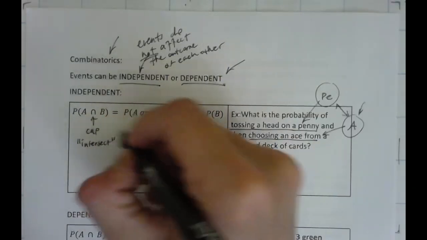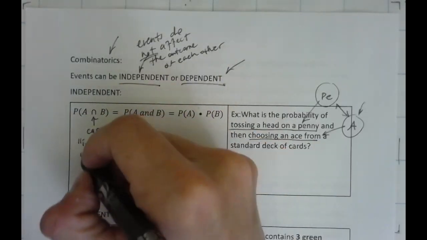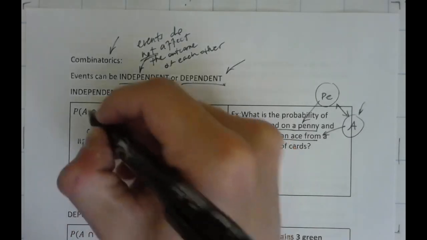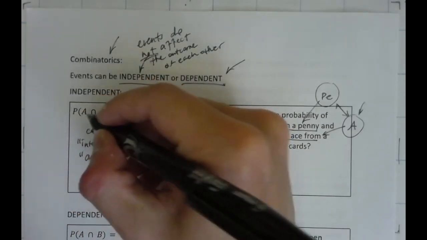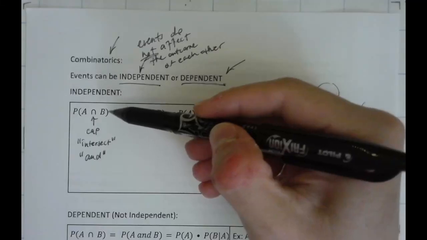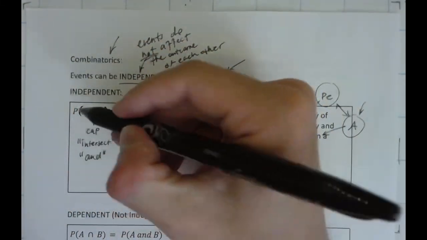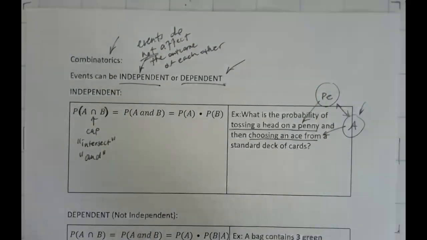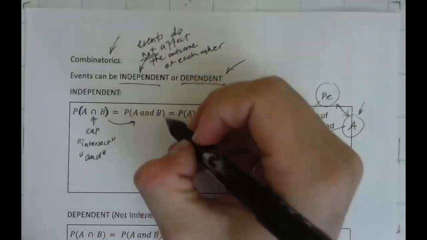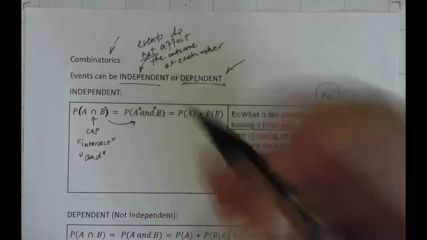Often in math, we just pronounce it as and. The probability of A and B. You can think of this like one event in the middle, the probability that A and B both happen. That is expanded over here, where we're talking about A and B at the same time.